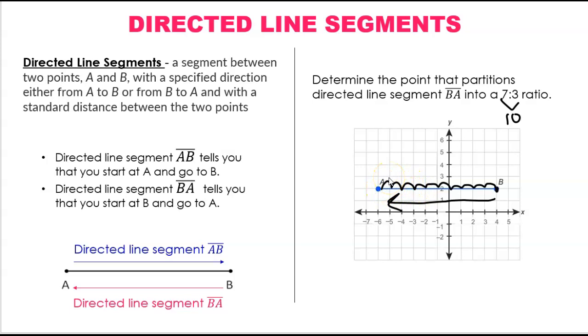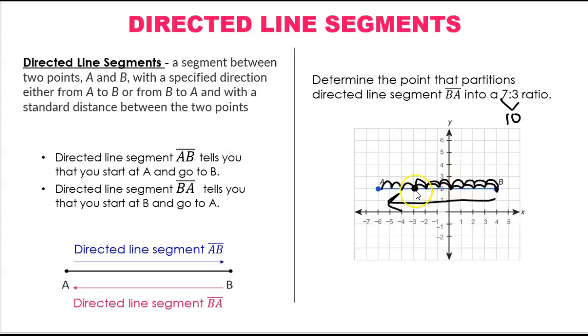So that's going to be easy for us to break this line segment up because it's 10 units long, and we want to have 10 full parts for our ratio. So when it says 7 to 3, we want to break it up to where when we put that point, we're going to have 7 on one side and 3 on the other. So let's see here. We got 1, 2, 3, 4, 5, 6, 7.